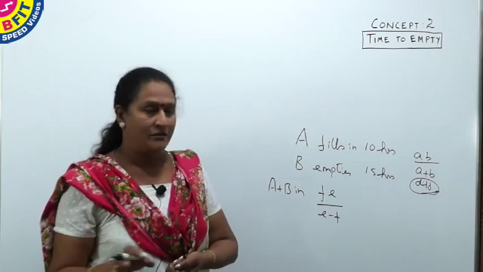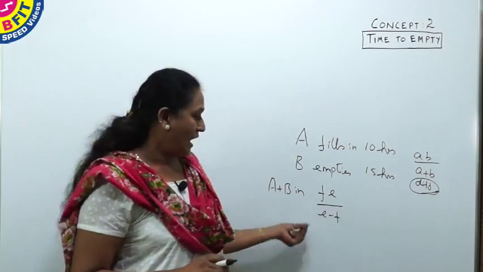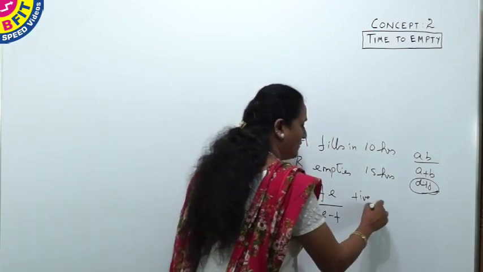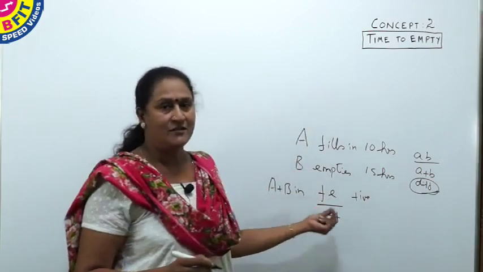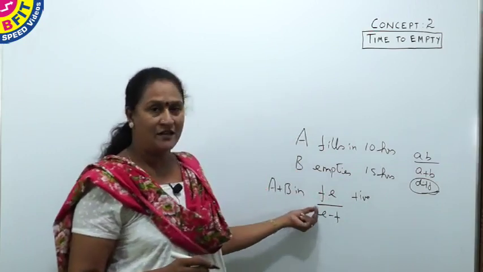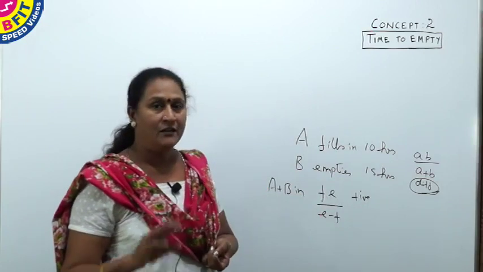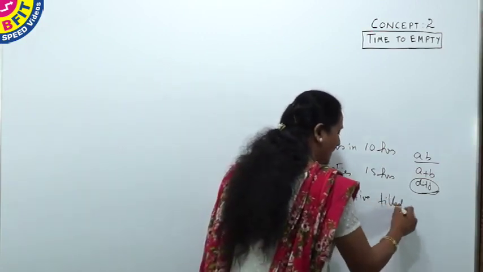To avoid such confusion, you take emptying minus filling and look at the overall sign. When it is positive, the tank will be filled in the answer you got here. Suppose you get the answer as 3 and the overall sign is plus, the tank will be filled in 3 hours. So a positive sign implies the tank will be filled.